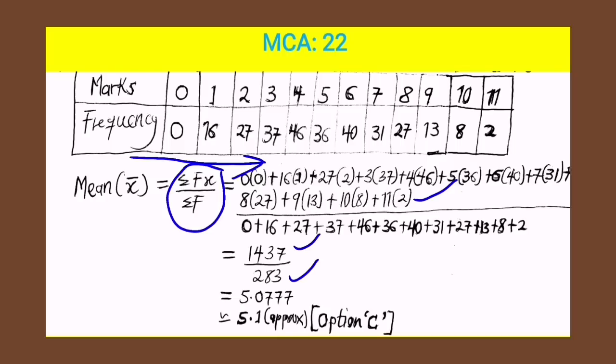So the median will fall within a mark of 5. Yes, when you add the frequency of 36 to this, all these values will fetch us 142, and once you get that 142, it marks 5.